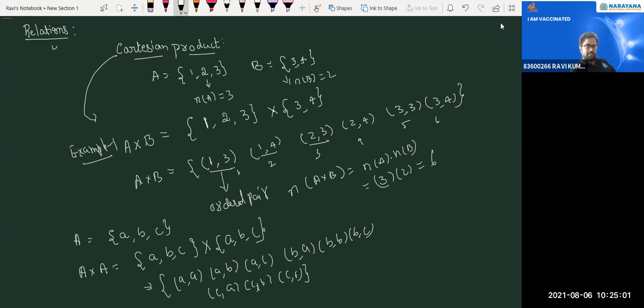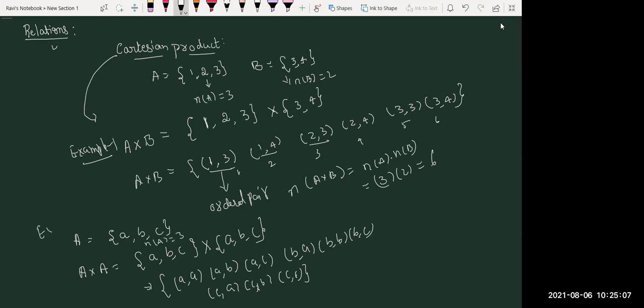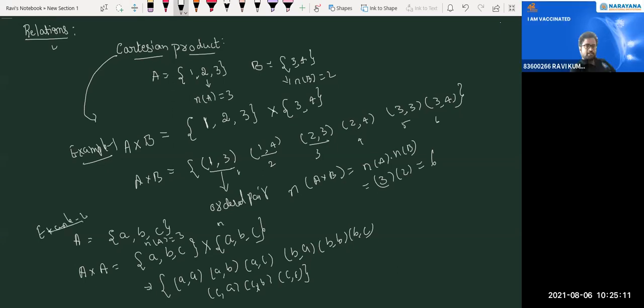Similarly, in example 2, n(A) is how much here? 3, sir. So here also n(A) equals 3. Now we can count the ordered pairs: 1, 2, 3, 4, 5, 6, 7, 8, 9.